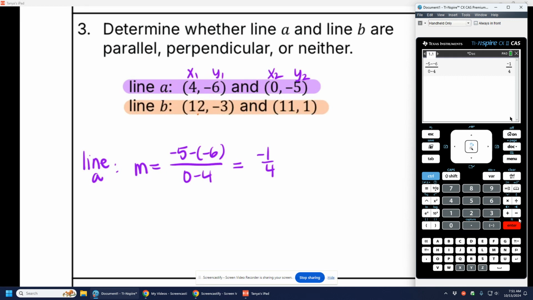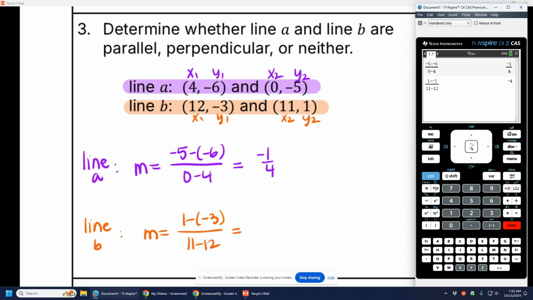I'm going to label my points x1, y1, x2, y2. So for line B, our slope would be 1 minus -3 over 11 minus 12. And again, I'm just going to type that whole thing into the calculator. 1 minus -3, 11 minus 12.